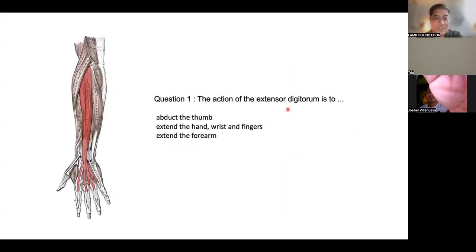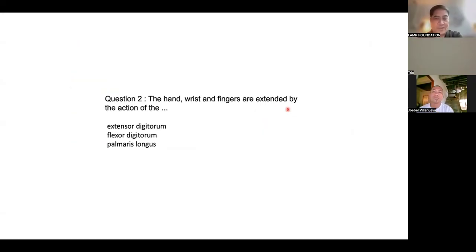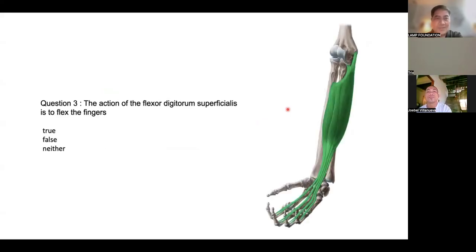Action of extensor digitorum is to extend the hand, wrist, and fingers. Hand, wrist, and fingers are extended by the action of the extensor digitorum. Action of flexor digitorum superficialis is to flex the fingers.